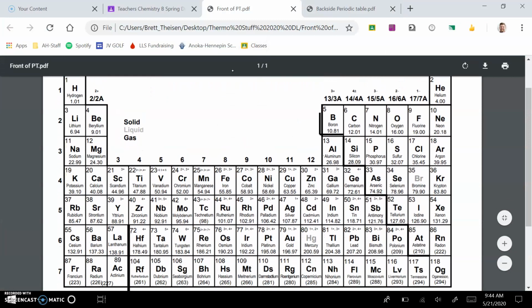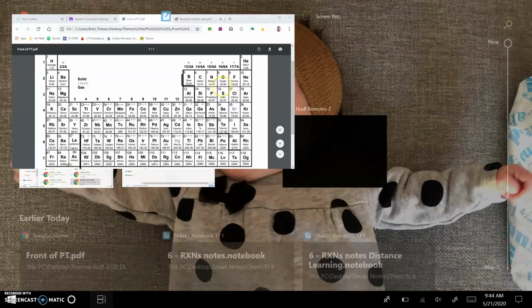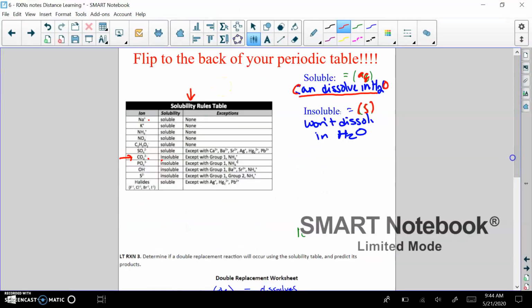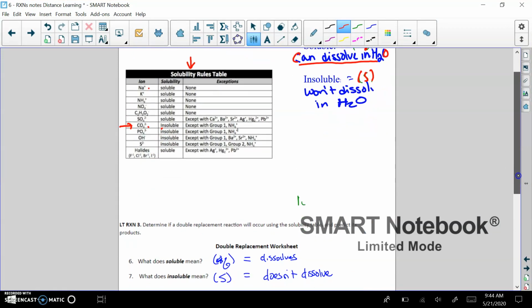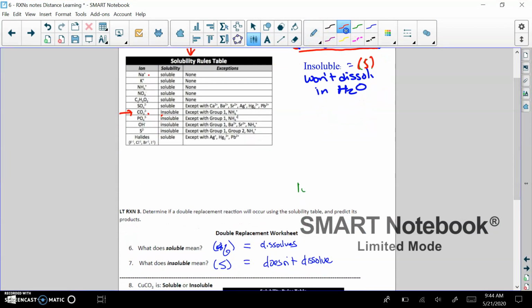This is group 1. Group 1, group 2, alrighty? So that's kind of how that rolls. And then there are some rules that pretty much cover everything that you can do. Halides, just the halogens. They're all soluble except if they're with silver, mercury, or lead.